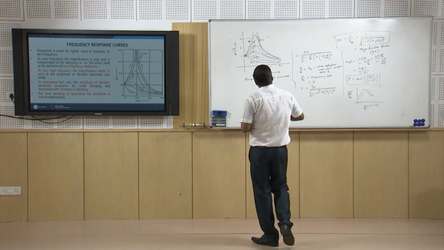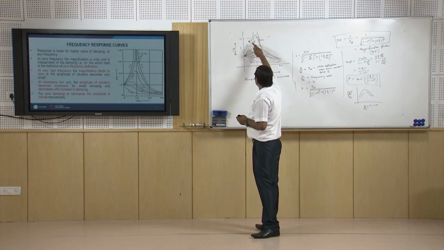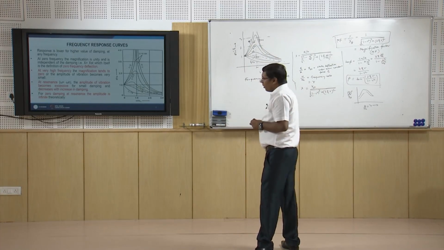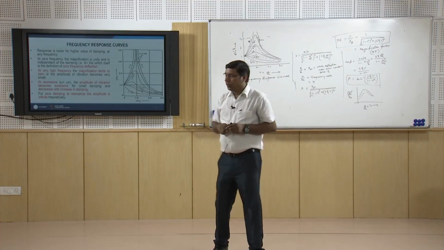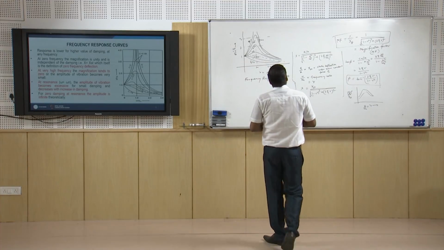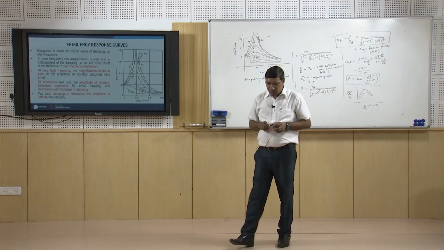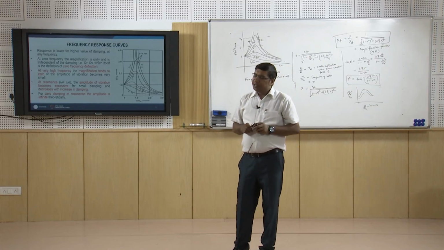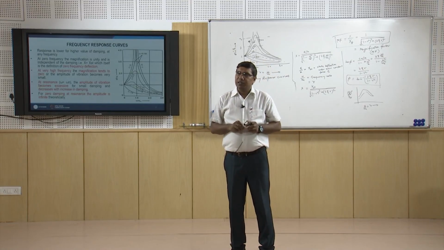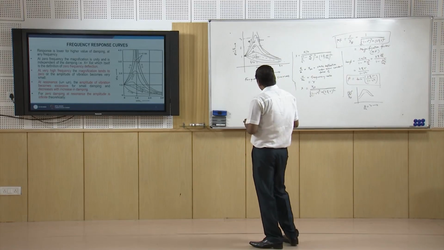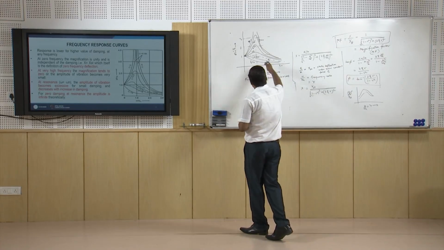If we have zero damping, so zeta equal to 0, I mean no damping, the response is infinitely large. Now we want to know what is the peak frequency, or at what value of r the peak of these curves occur.